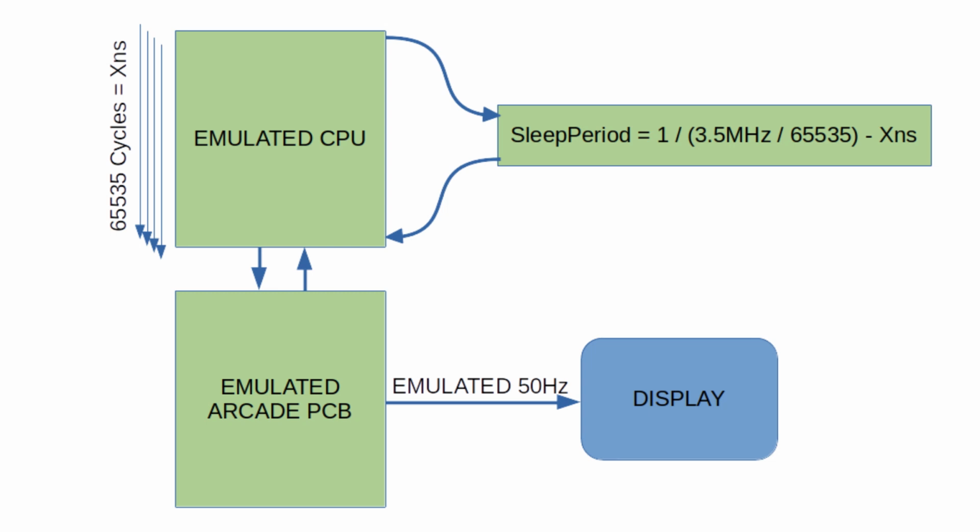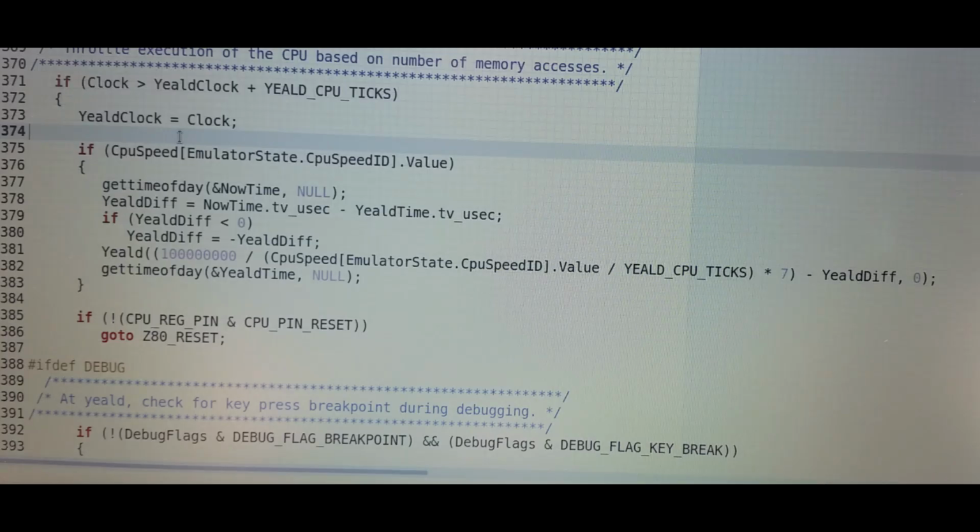The aim is to get the target frame rate of the emulated system. So in the UK it would be 50 Hertz, and in the US it would be 60 Hertz.